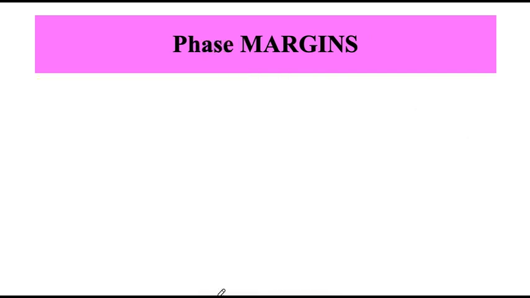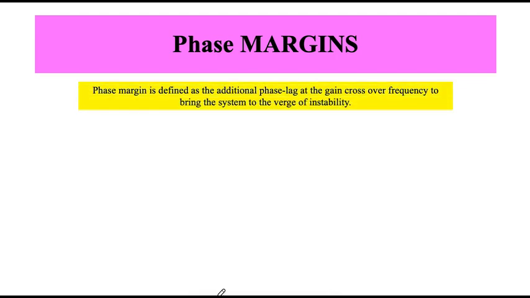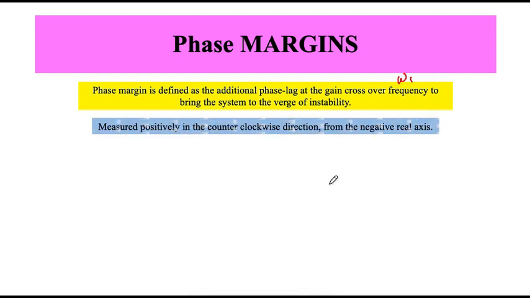Formally, the phase margin is defined as the additional phase lag at the gain crossover frequency, and this frequency is omega 1, where the magnitude of GH is equal to 1. We started off saying that I need to add some phase. Where do I add it? This additional phase I add at the gain crossover frequency.